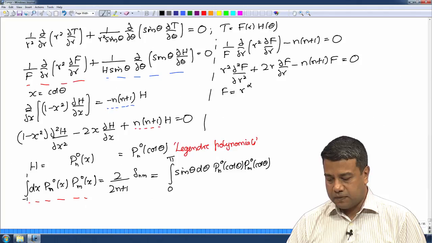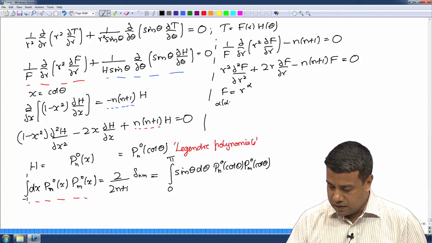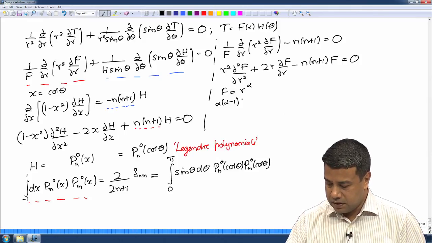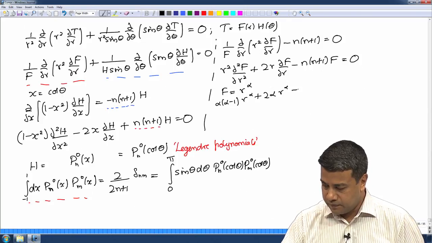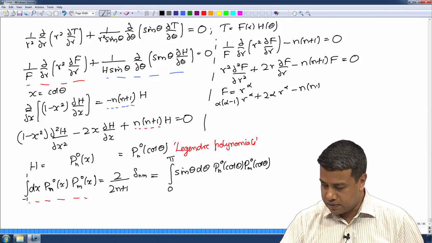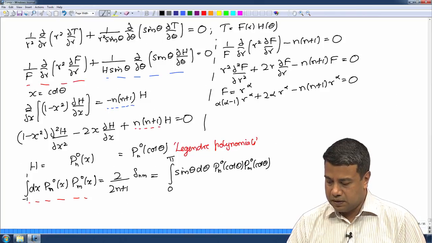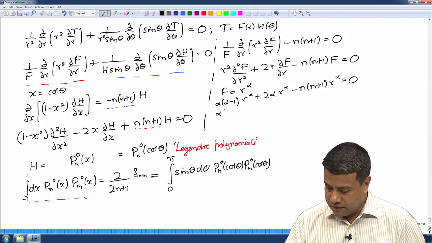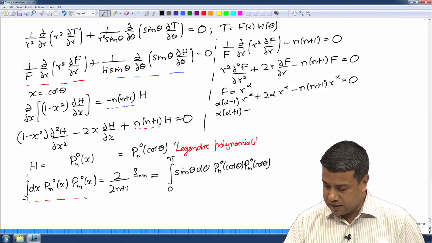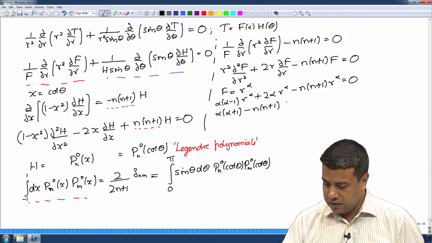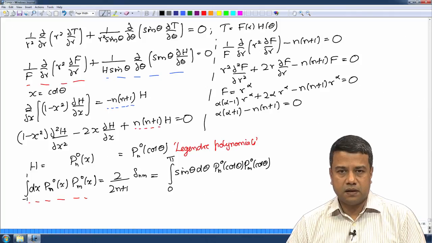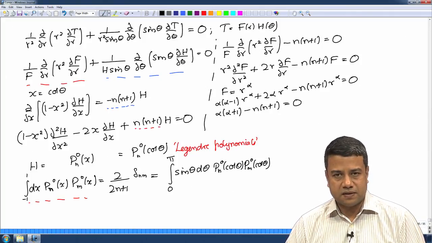If I assume that form and substitute into the equation, what I will get is alpha into alpha minus 1 r to the power alpha plus 2 alpha r to the power alpha minus n into n plus 1 r to the power alpha equals 0. So, this becomes of the form alpha into alpha plus 1 minus n into n plus 1 is equal to 0. And this of course has solutions.